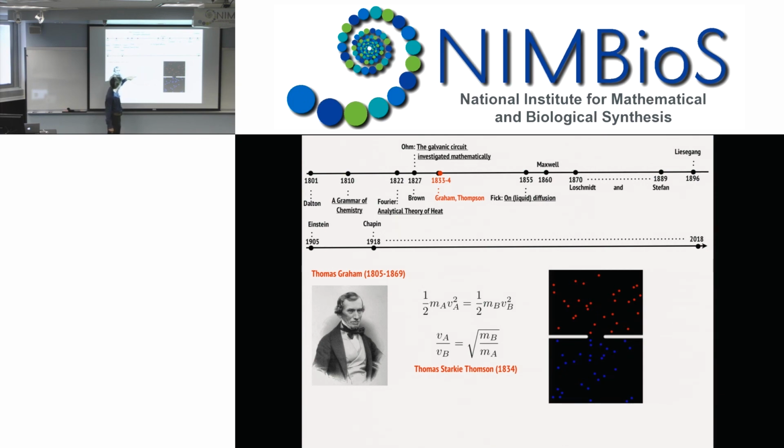It just says that the rate at which gas A gets into the other chamber divided by the rate at which gas B gets into the other chamber is equal to the square root of the inverse ratio of the molar masses of gases A and B. The reason that Thomson gave was that at the same temperature, the kinetic energies are going to be the same, and then you just solve, and that's what you get. So that's quite nice, and it fits the data that Graham was getting.